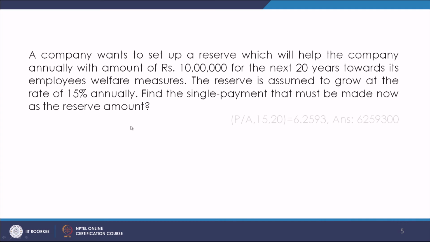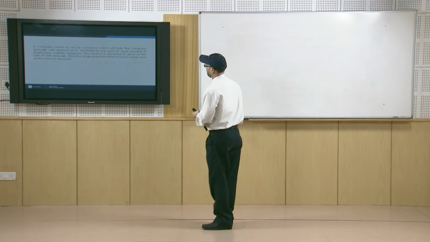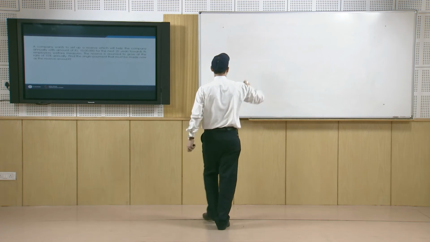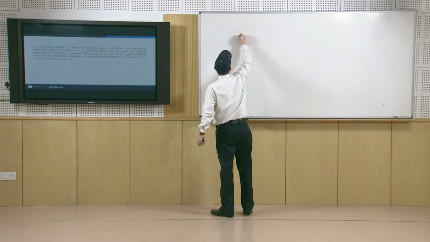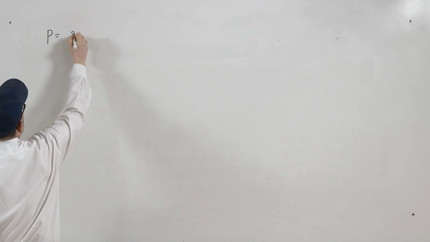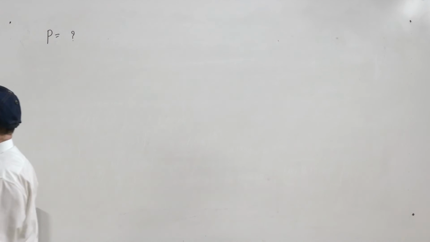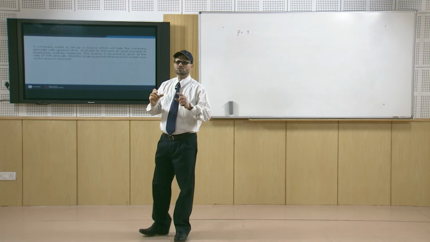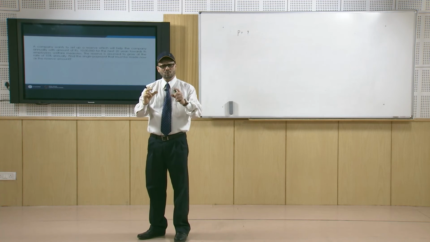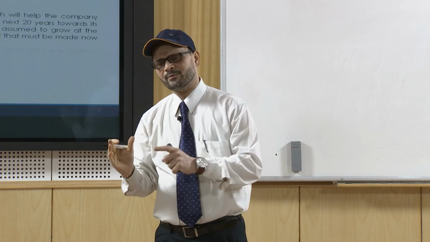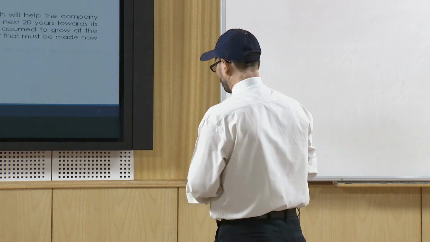We will solve this problem now. For this problem, we have to find P because the company wants to set up a reserve amount now so that from there it gets the amount.